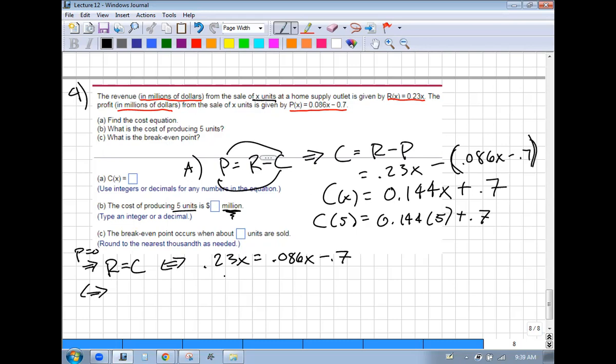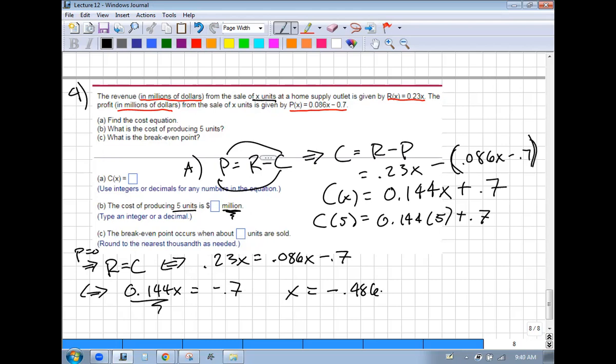So this is a simple linear thing. If I subtract this from that, I get 0.144x plus 0.7 equals negative 0.7. All I did was subtract that from both sides. So now divide both sides by this guy. So 0.7 divided by 0.144. Either negative 4.86.